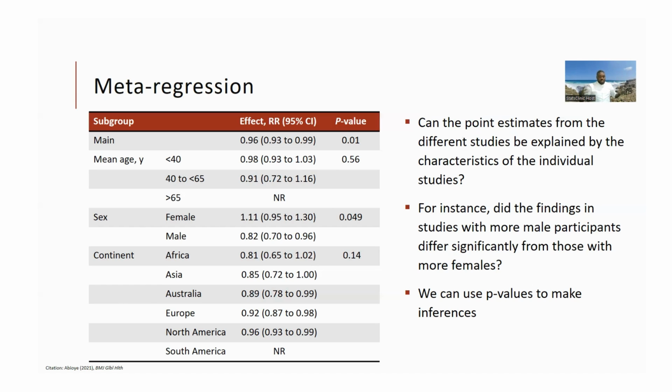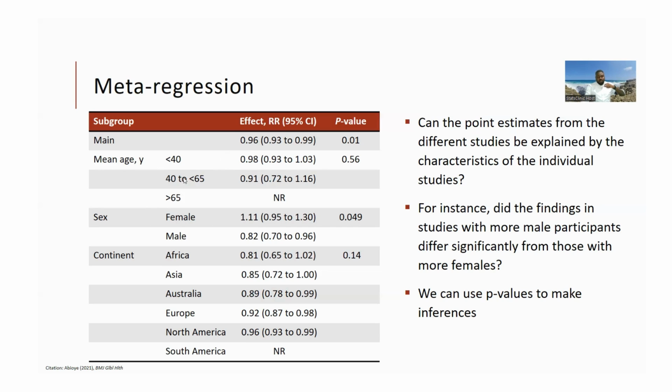And one way to do that is to look at the studies that contributed and you sort of create sub-poolings, so to speak. Like, among studies where you had people who were less than 40, what would the pooled estimate be?